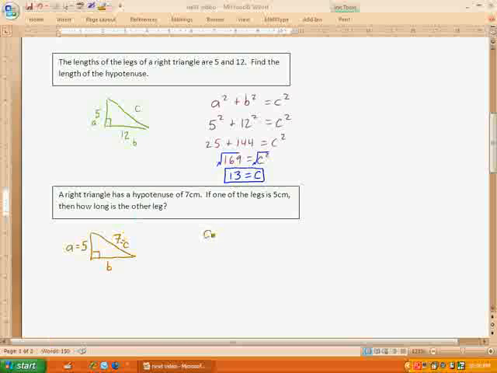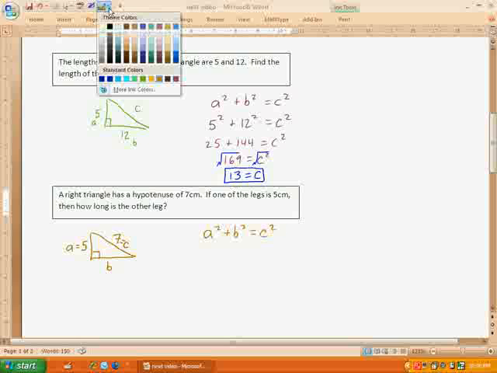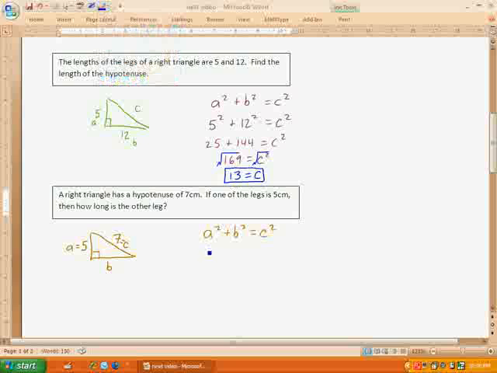Okay? So when I write my equation, a squared plus b squared equals c squared, this time I have different numbers, right? And so I'm going to put the different numbers in. I've got a, so that's 5 squared, plus b squared equals c squared, and c is 7. So 7 squared.